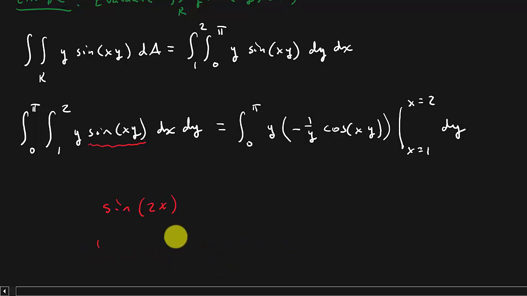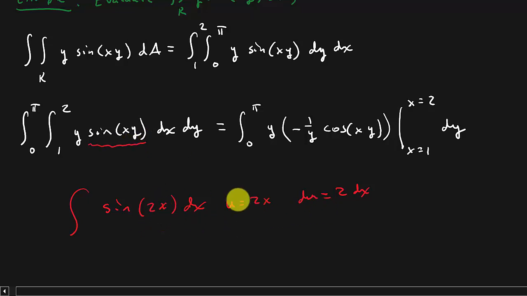For those of you that don't see that, let me just do it. Remember, you could let u equal 2x, and then du is equal to 2 dx. Remember that? We're off this problem right now; I'm just doing an example from when you first learned integrals.